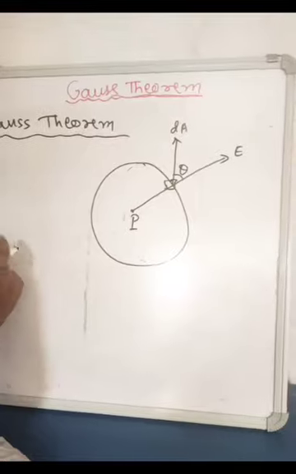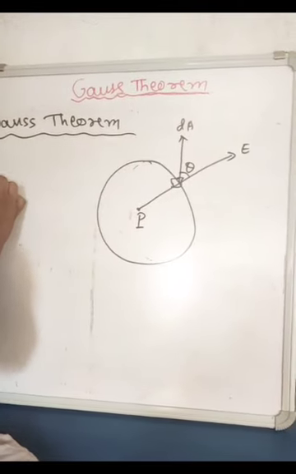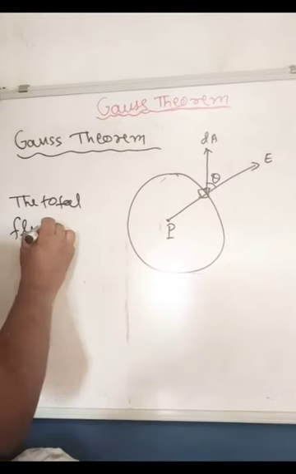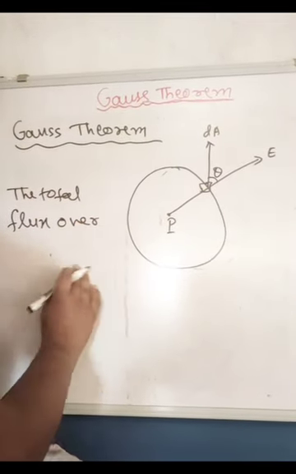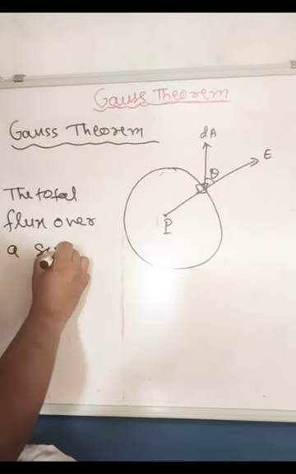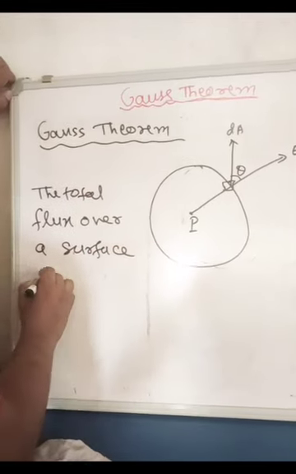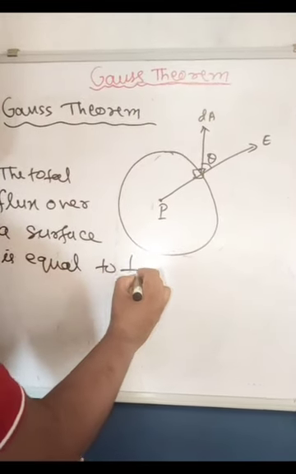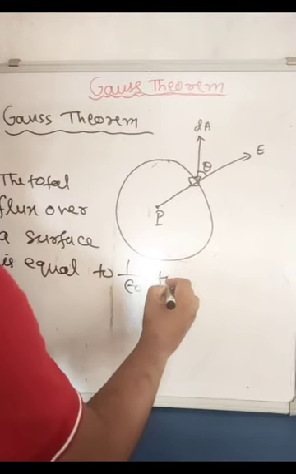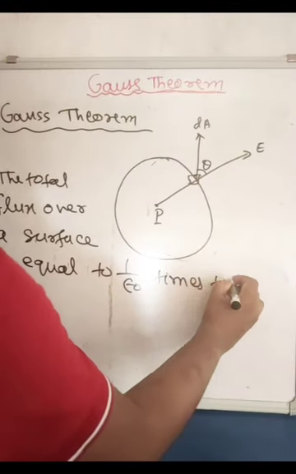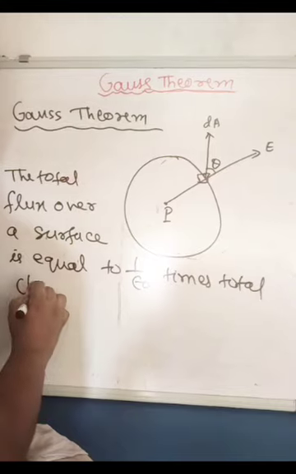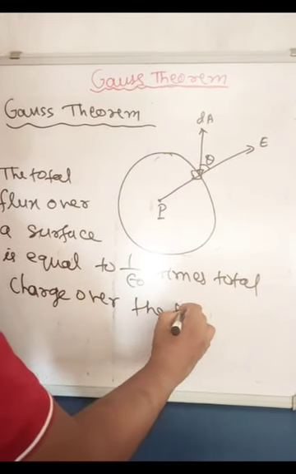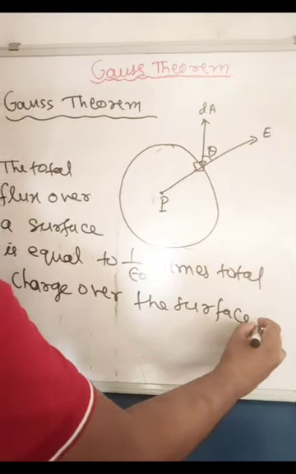Now according to Gauss law, the total flux over a surface is equal to 1 upon epsilon naught times the total charge over the surface.